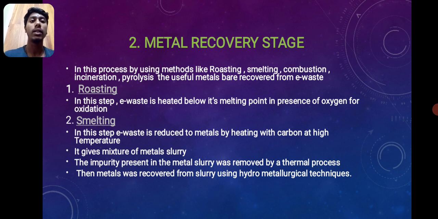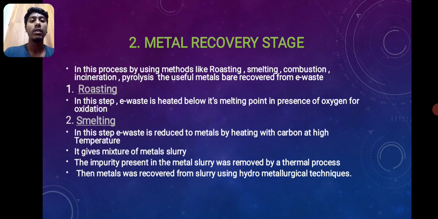In this process, by using methods like roasting and smelting, incineration, and pyrolysis, the useful metals are recovered from the electronic waste. First is roasting, also called heating. In this step, electronic waste is heated below its melting point in the presence of oxygen for oxidation. The second step is melting.